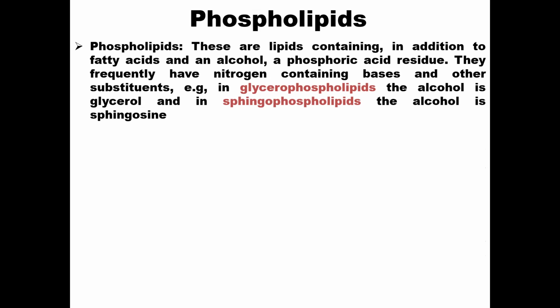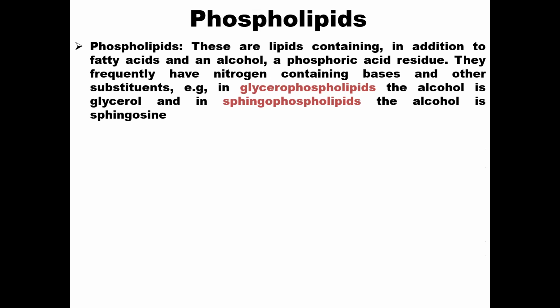For example, you have glycerophospholipids, and you can also have sphingophospholipids. In glycerophospholipids, the alcohol is glycerol, while in sphingophospholipids, the alcohol is sphingosine. So you have to take note of the differences. In glycerophospholipids, the backbone alcohol is glycerol, a 3-carbon alcohol.